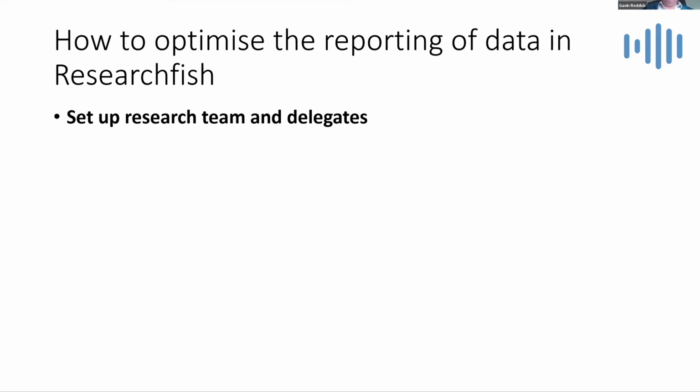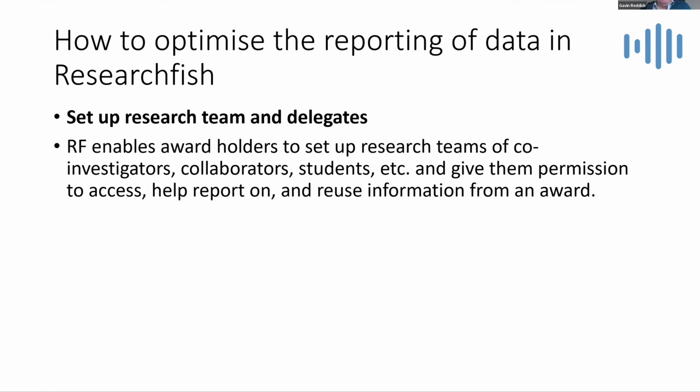In addition to that, you can also make use in researchfish of the functionality around research teams and delegates. So a lot of what was just said relates to how you can get multiple people working on the same project. And in researchfish, there are a couple of different roles that people can play to report on a common project. The first is the research team functionality.